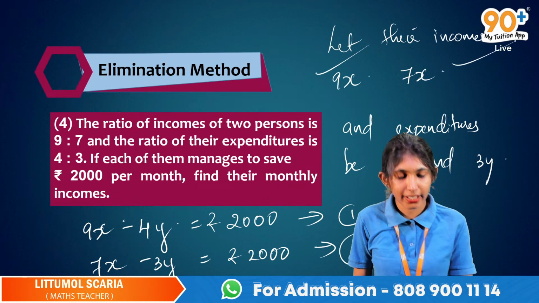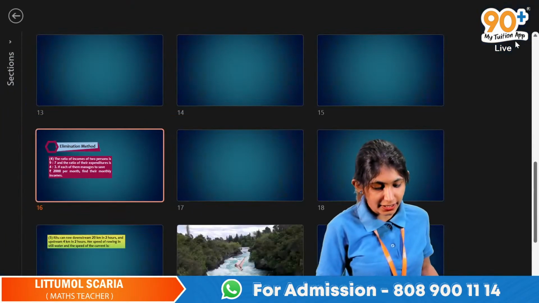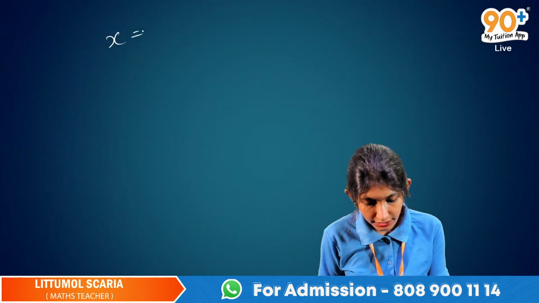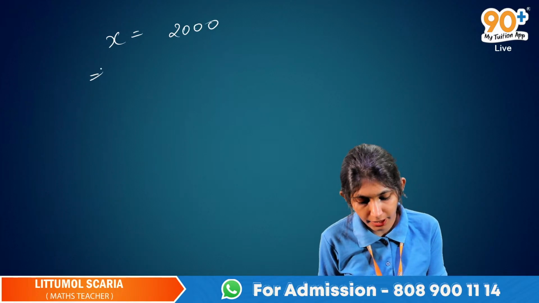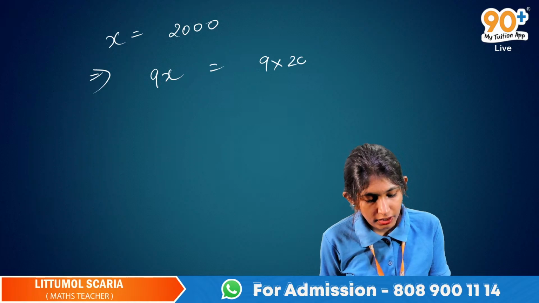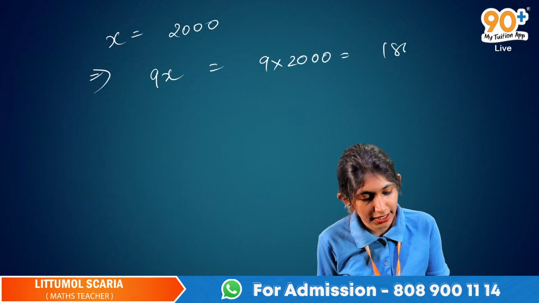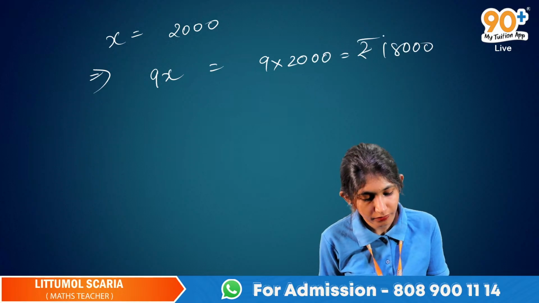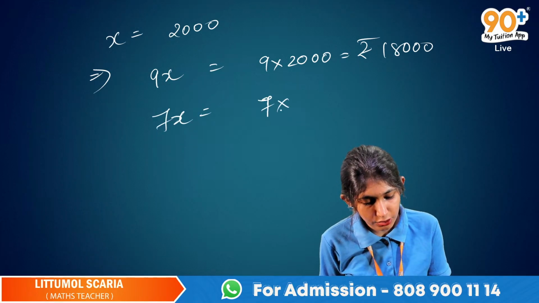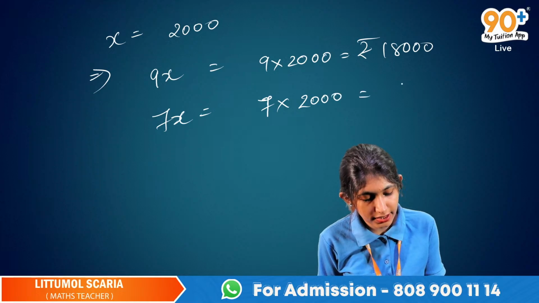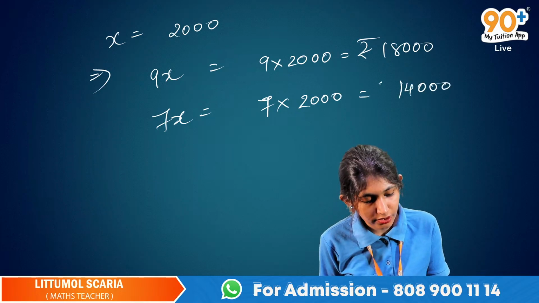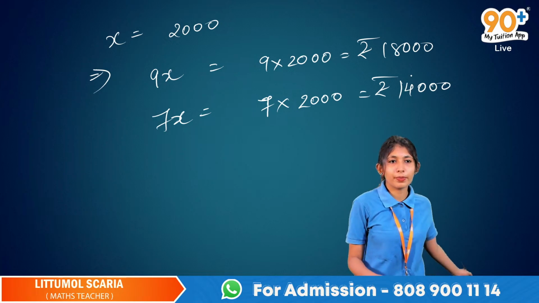These are their incomes. 9x and 7x are their incomes. So x is equal to 2000 implies the income of first person is 9 into 2000, which is 18,000 rupees. Income of second person is 7 into 2000, which is equal to 14,000 rupees. So these are the income of the two people.